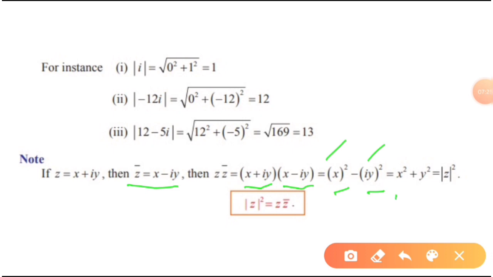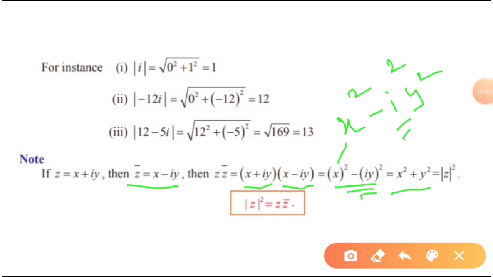So x squared minus (iy) in the whole square, i squared y squared, and the value of i squared is minus 1. Minus of minus is plus, so x squared plus y squared.